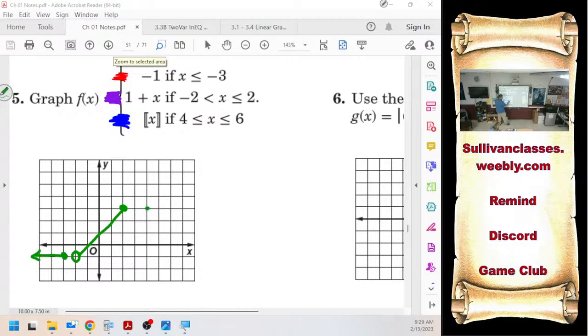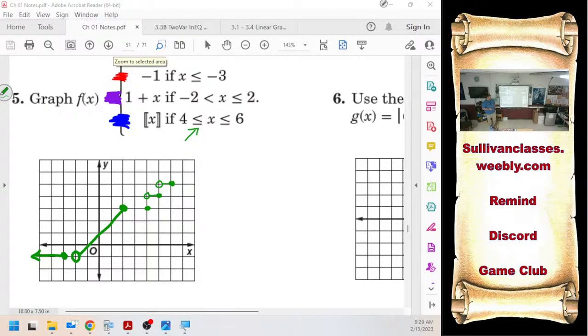Okay, what you've got to be careful about is there's just going to be a dot at 4, and then you'll start the next one. 4 to 5, 5 to 6. No. That's a closed. They're talking about when I'm at 4 itself. That was an open circle if you kept going. So if you included 6, it doesn't count.